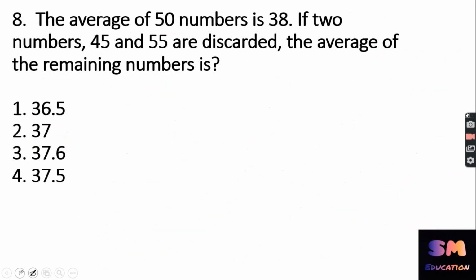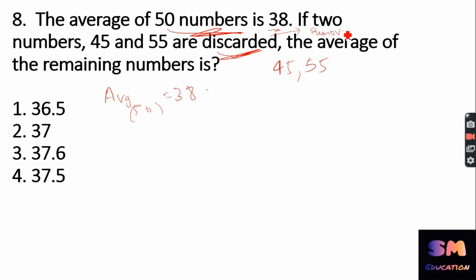Let's solve another problem. The average of 50 numbers is 38. Next, if two numbers 45 and 55 are discarded, discarded is nothing but removed.